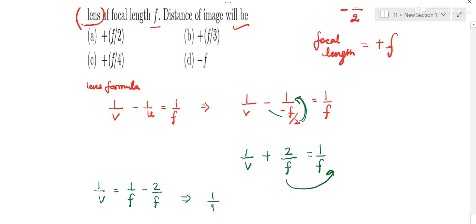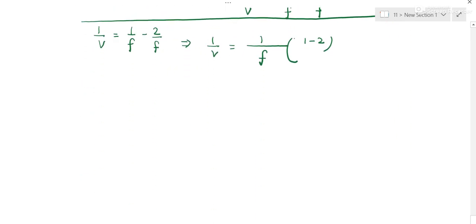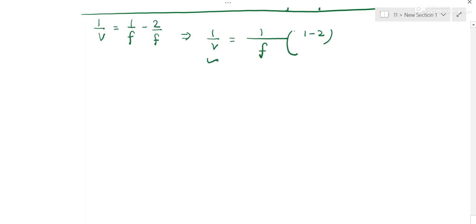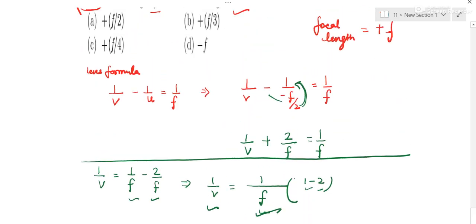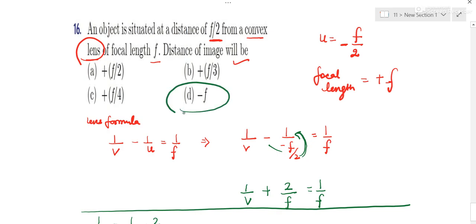So 1 by v is equal to 1 by f common, 1 minus 2. 1 minus 2 is minus 1. So minus 1 and f down. So it is minus 1 by f is equal to 1 by v. Reciprocate. So v is equal to minus f. Here is the image formed. So check it out.